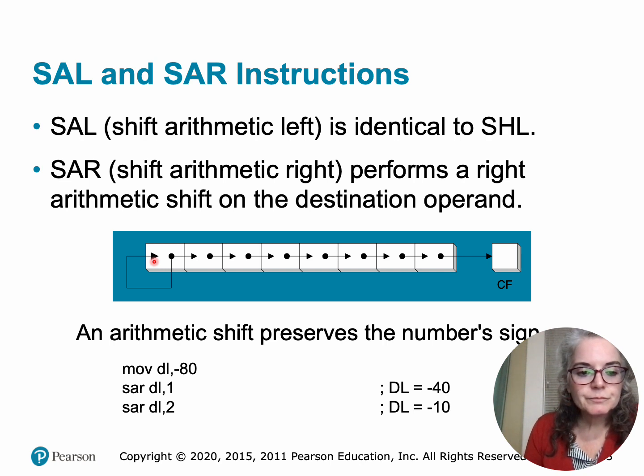So an arithmetic shift is going to preserve the number sign. If we have -80 and we shift arithmetic right, it's going to give us -40. So it's dividing, but it keeps the sign. And same with SAR DL2, we get a -10.